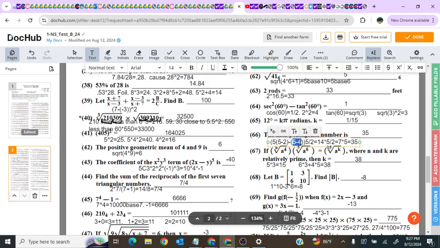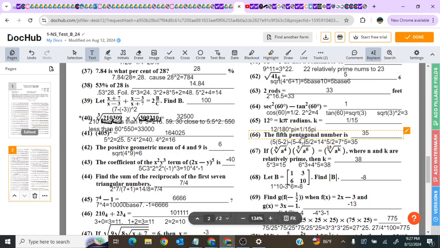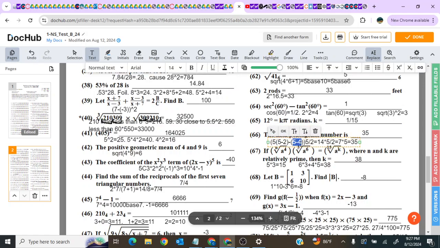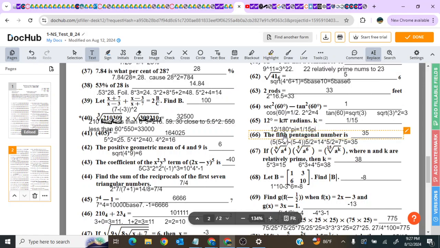You subtract the pentagonal relationship minus 4, so 5 minus 4. Pentagonal is 5, by the way, that's why you're putting in 5 here. 15 minus 1 gets you 14. And then you multiply by the outside number here and divide by 2. So 14 times 5 over 2 is 35. And you get your answer.